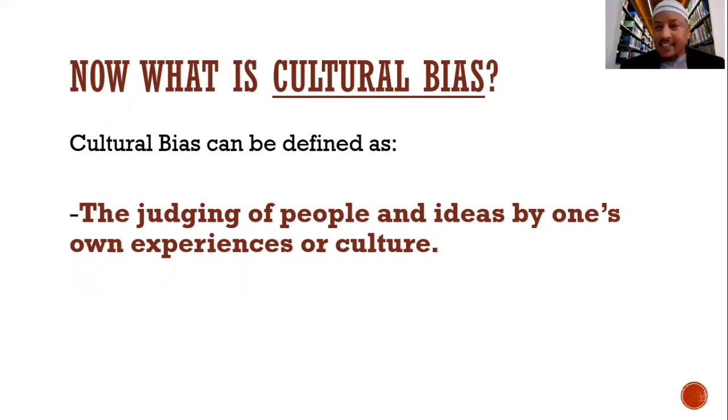What's an example of that? Let's say that you come from a culture where the longer a man's hair is, the stronger he is, right? So only the strongest men in your community wear the longest hair. But let's say that you visit a Buddhist temple where it's customary for men to shave their heads, and you get there and you say, oh, they don't even have any hair, so they must all be weak.